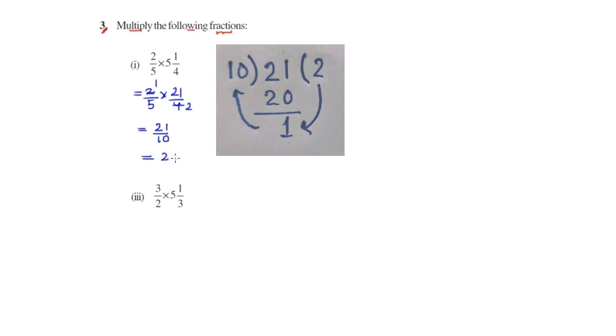If you divide by 10, you will get 2 as the quotient, 1 as the remainder, and as the divisor you will write 10. So 2 1/10 is the product of the first part. Clear? In this way we will solve the rest of the question.